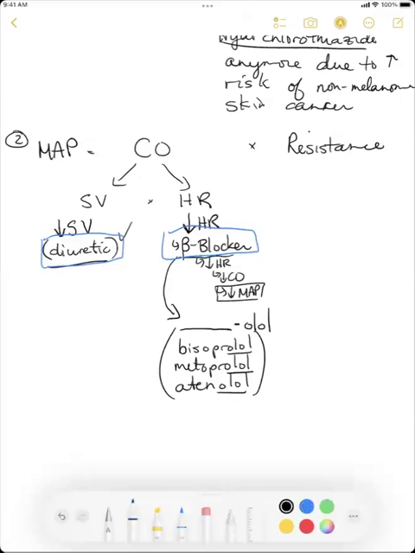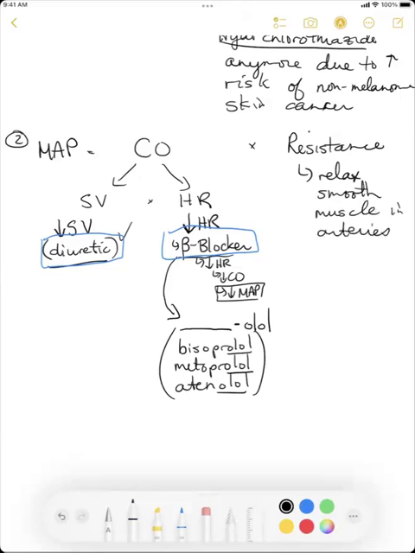We can also use medications that reduce the resistance within the arteries. They dilate the arteries. They don't squeeze them, they actually relax them. So we can relax smooth muscle in arteries.